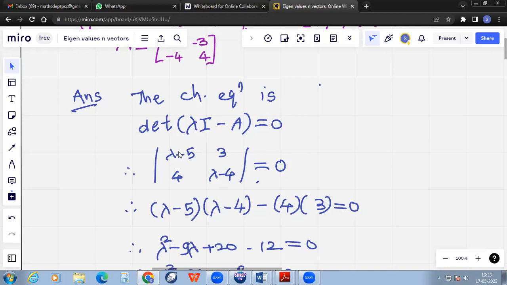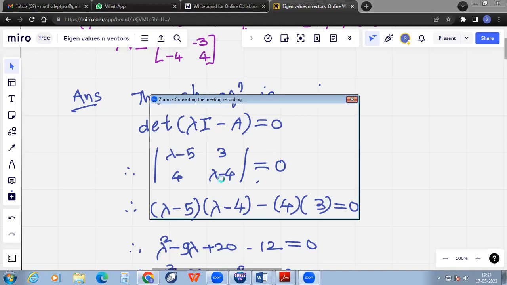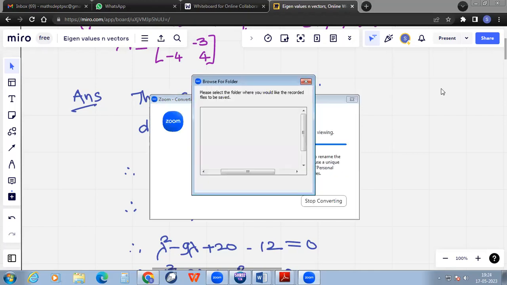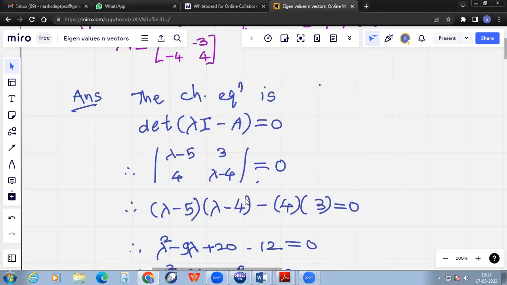Lambda appears on the principal diagonal. So we got lambda minus 5, lambda minus 4 along the diagonal, and the off diagonal entries, they are subtracted from 0, so they become 3 and 4.